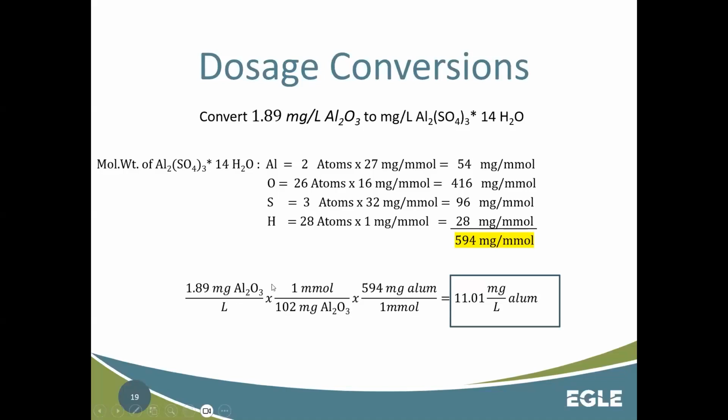Quick check on the units: we cancel out our milligrams per liter aluminum oxide, these two, and we cancel out our millimoles with these two, and we're left in units of milligrams of alum per liter, which is exactly what we're looking for.